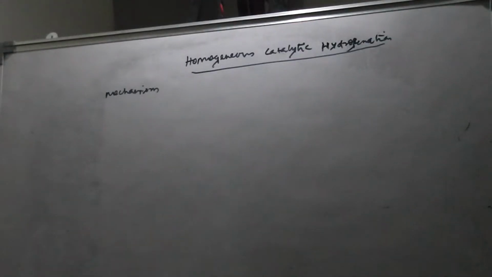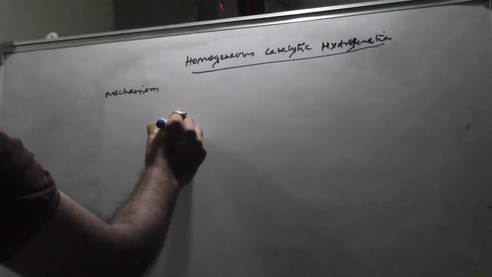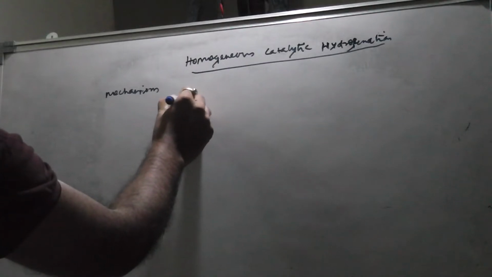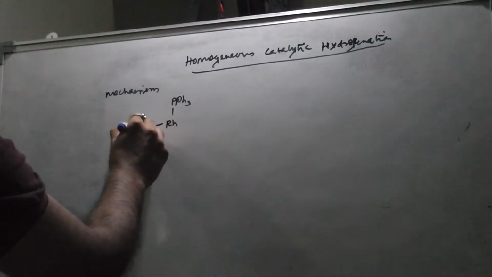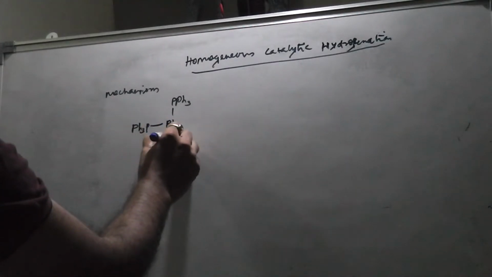One is through a catalytic loop, another one is through the normal way. I will write first the normal procedure and then we will go for the catalytic cycle procedure. Both are the same only. So this is the structure of the complex.